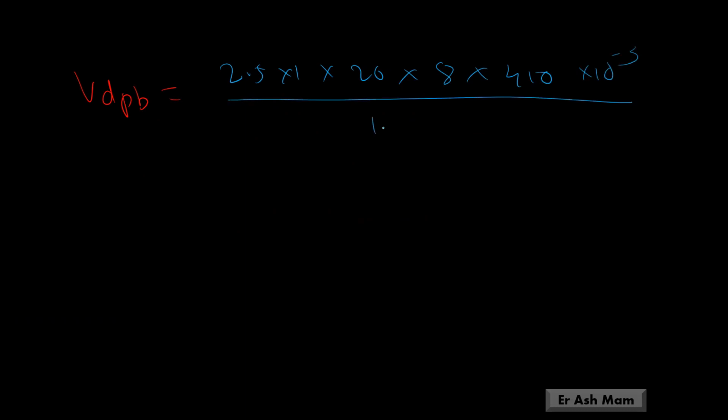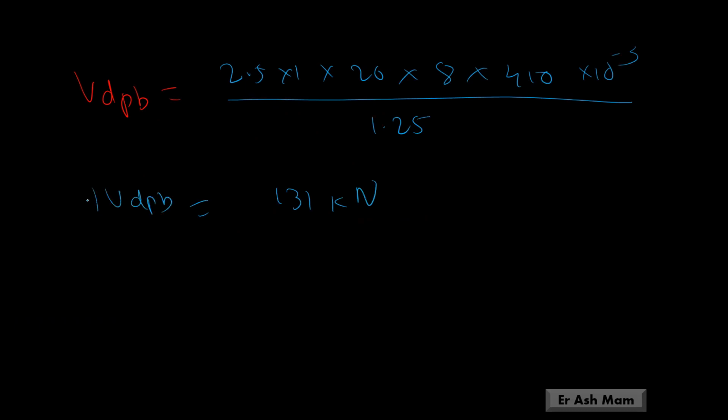Now, substitute all values. VDPB equal to 2.5 kb into d into t into fup, ultimate strength of plate is 410, into 10 raised to minus 3 in kilonewton, upon gamma m is 1.25. Then VDPB equal to 131 kilonewton.